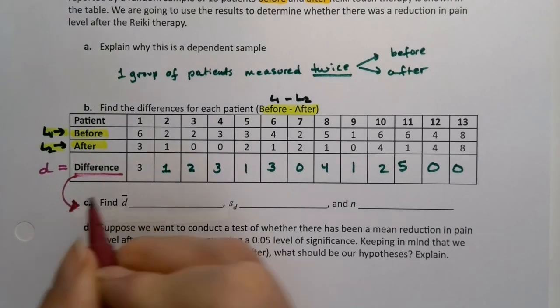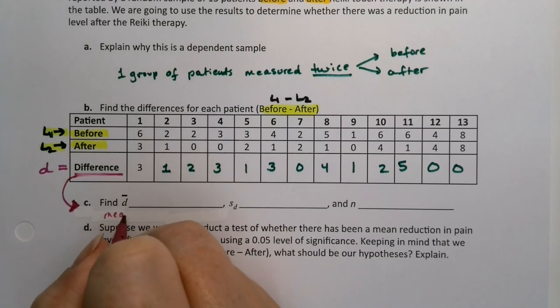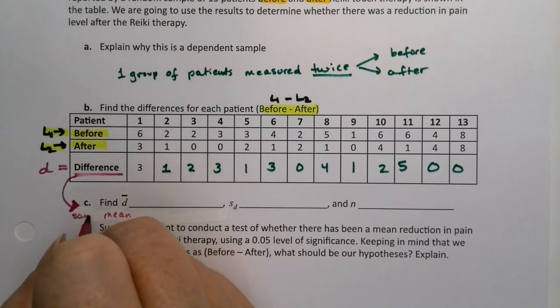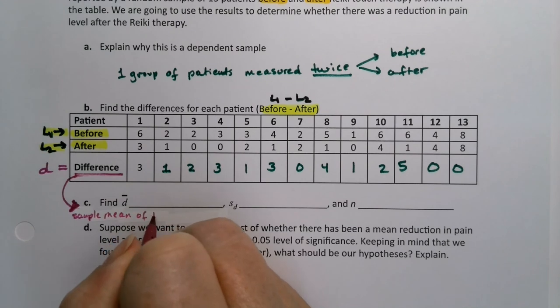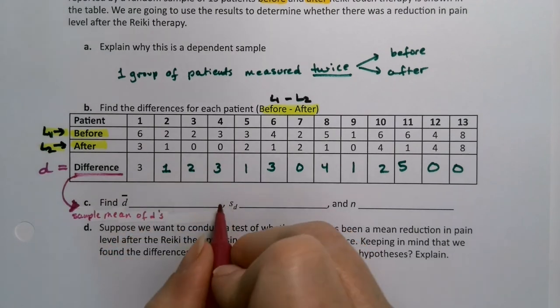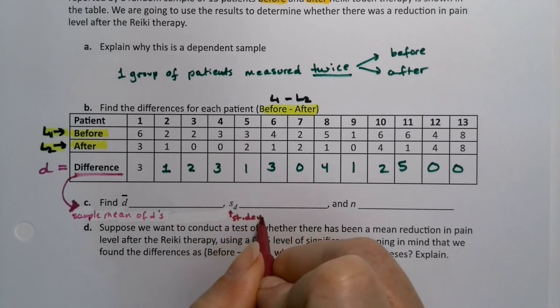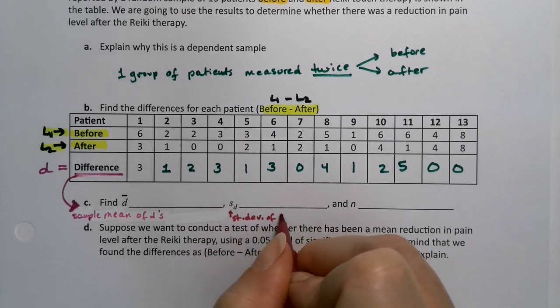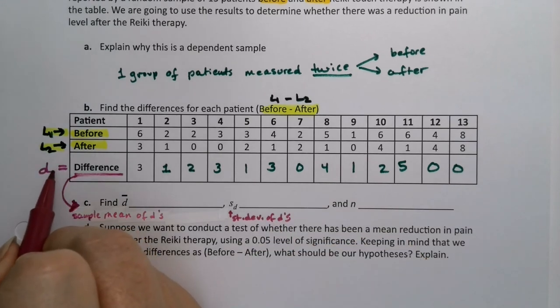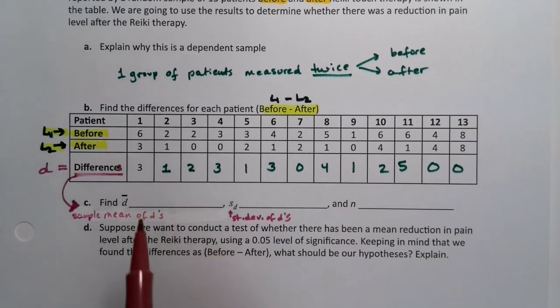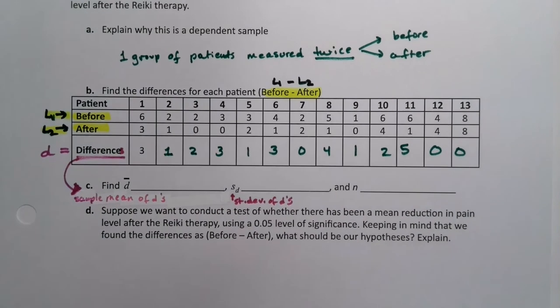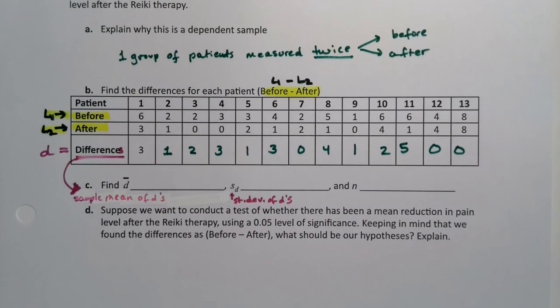I'm just going to put a big arrow here, and that way I can write mean is actually the sample mean of the differences, those D's, and this is the standard deviation of the differences. Of course, it's the sample standard deviation. So these are the D's here, right? Differences that you're finding.